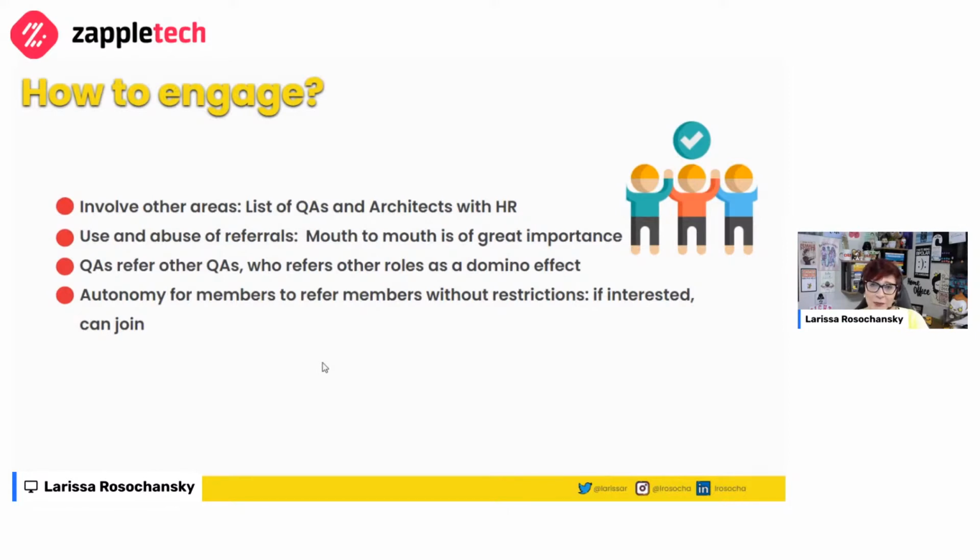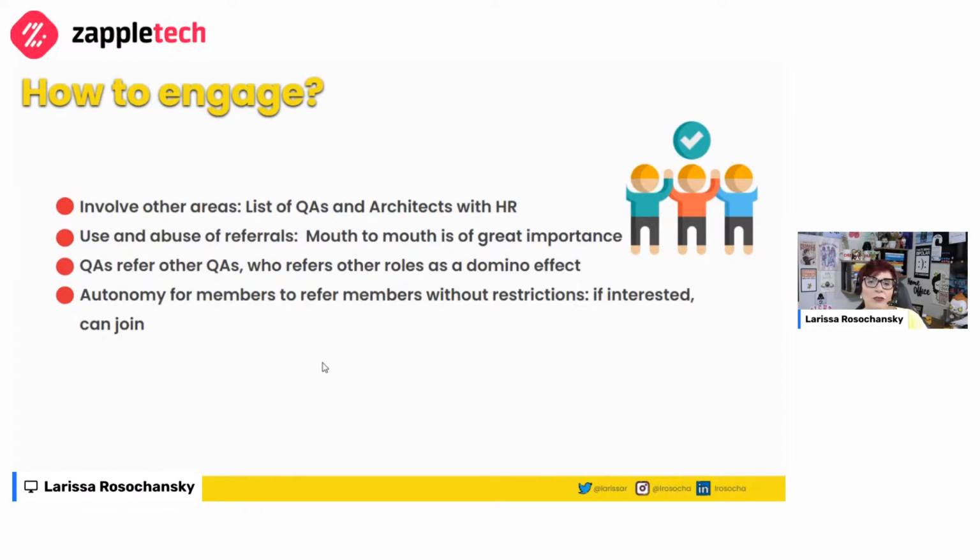So I got help from a lot of people, and we got together and I said, okay, what are we going to do, are we going to do it just with QAs? And they said, no, we need the architects and we need some devs with us as well.